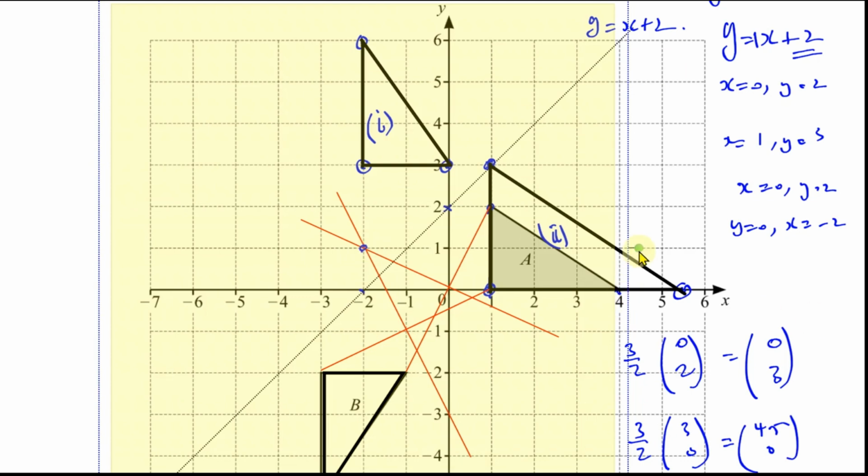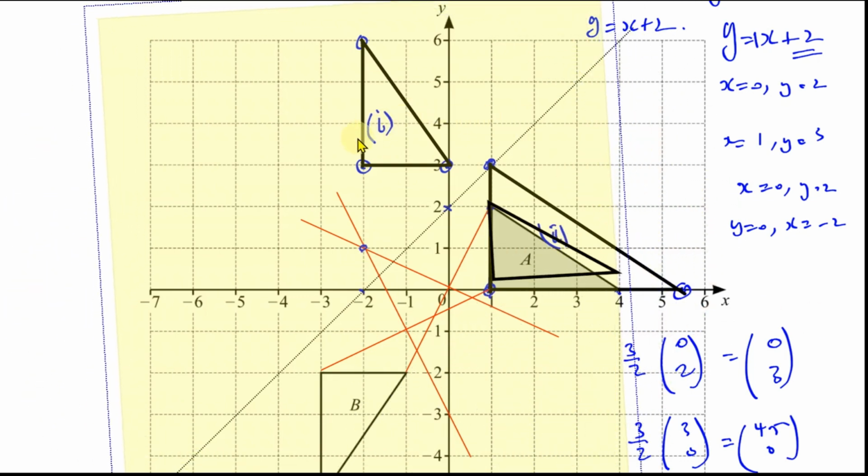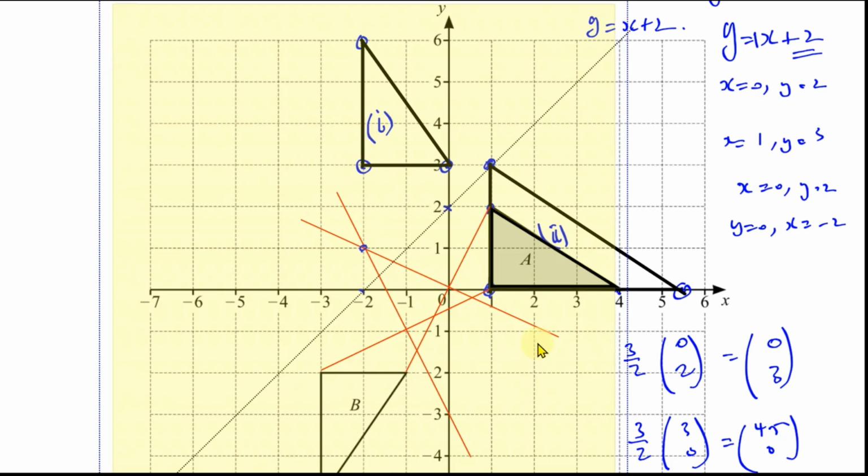So how did we work out the center of rotation? First of all, if it wasn't so clear, I joined points with their corresponding points on the object and the image. So the right angle with the right angle, and then from the right angle to the shorter side, that point to that point. Then I looked exactly halfway along this line, and drew a line perpendicular to it.